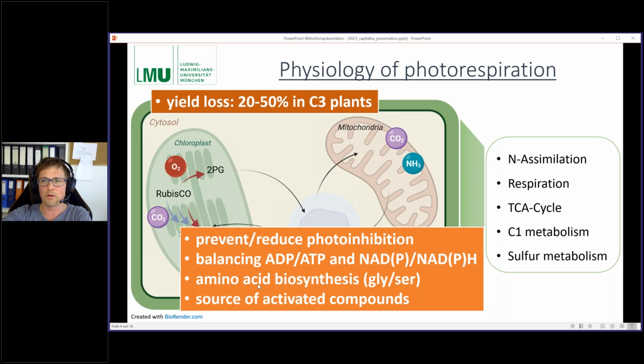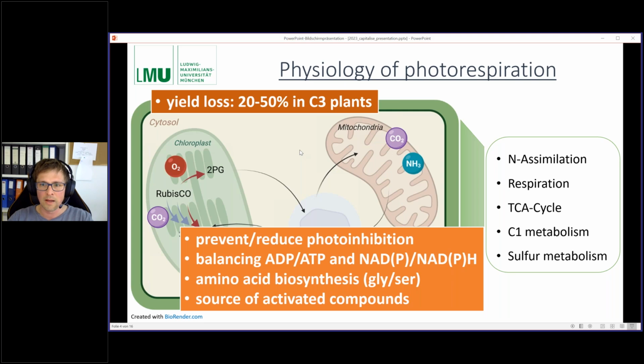However, there is an obvious trade-off between all those interactions, because the yield loss shown here as an example for C3 plants might rise up to 50%. This heavily depends on the environmental conditions, on temperature, on the ratio of CO2 to O2, and so on and so forth, of course.